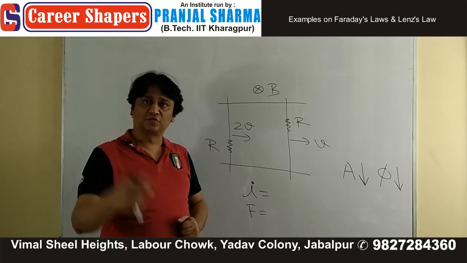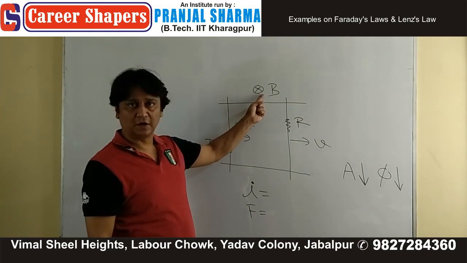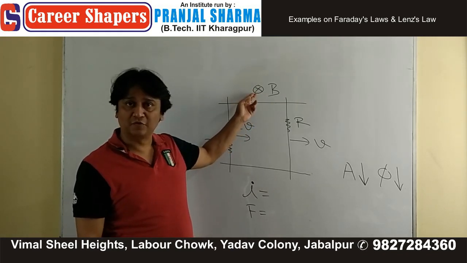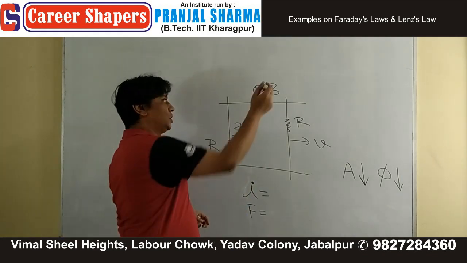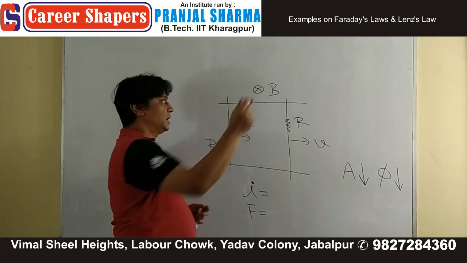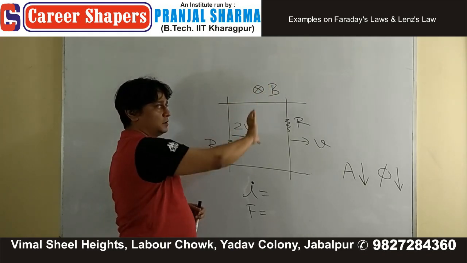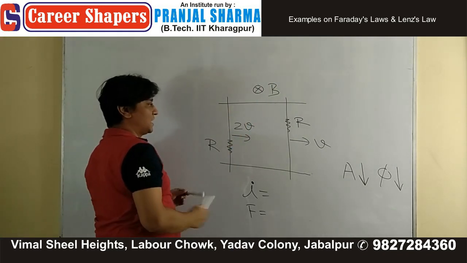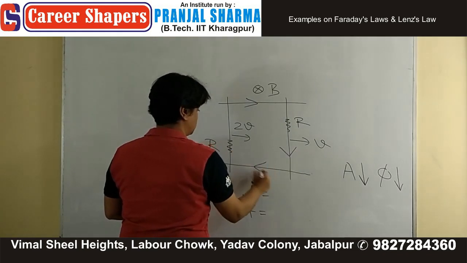If you want to increase flux, then you need to support this magnetic field. How do you support this magnetic field? By producing a magnetic field which is also inward. Inward means hold your thumb in, curl, look at the direction. The direction of current is coming what? Clockwise.